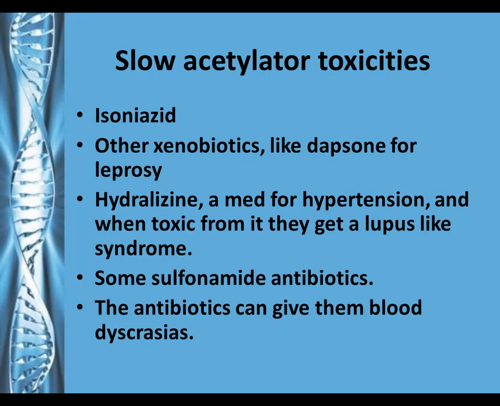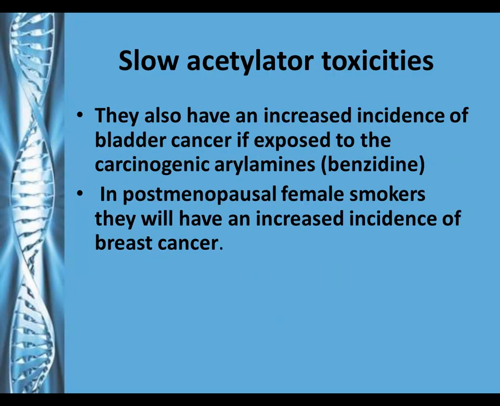We know that this can happen with some sulfonamide antibiotics, and that these antibiotics can give the patients blood dyscrasias. So, knowing whether a patient is a rapid acetylator or a slow acetylator can help us, because you can develop toxicities.